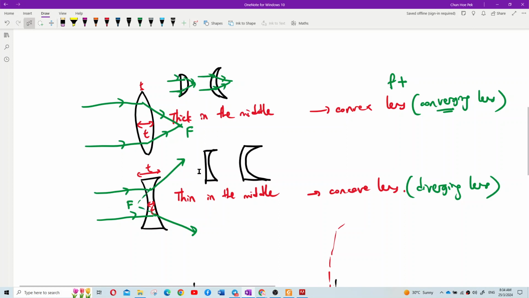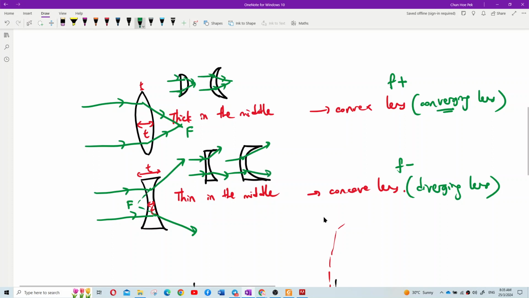But the ones thinner at the center or thicker at the side are all diverging lenses. They all have negative f value, class. They all diverge light away. Understand, class? They don't focus light.